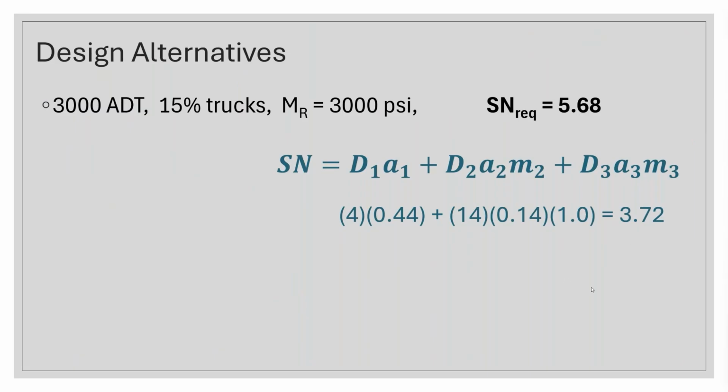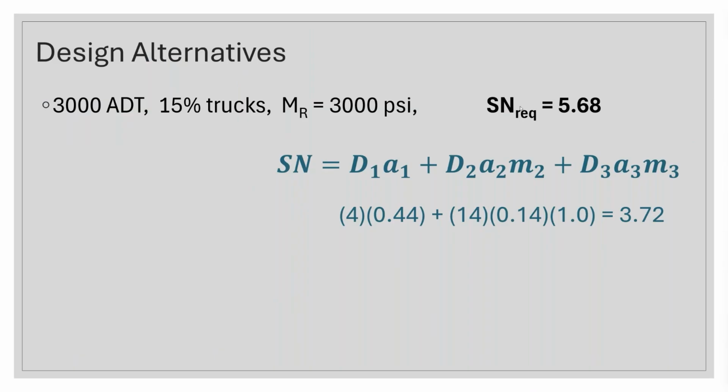So our structural number, if we go back to the equation that I showed a few slides back, is equal to the depth of layer 1 times its layer coefficient, plus the depth of layer 2 times its coefficient times that drainage coefficient. And then same thing, if I have a third layer, then I would keep including sections of that.